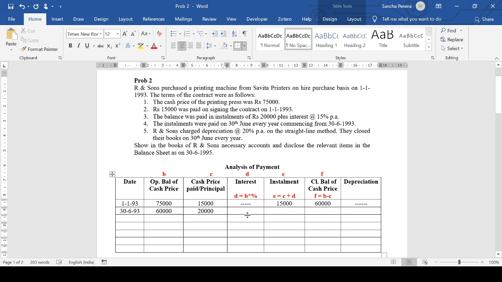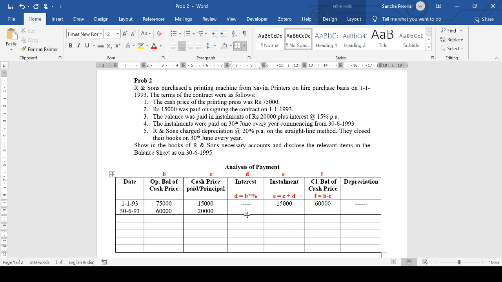That's the interest. How do we calculate interest? Always on the opening balance of the cash price into the percentage of interest. So you will get 60,000 into 15%.